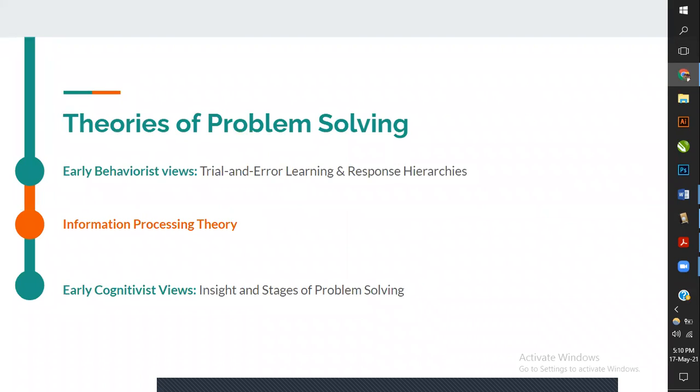The other step he proposed was devising a plan, determining an appropriate action to take to solve the problem. The third step was carrying out the plan, executing the plan and monitoring its effectiveness. And the last step, the fourth, is looking backwards, evaluating the overall effectiveness of the plan.